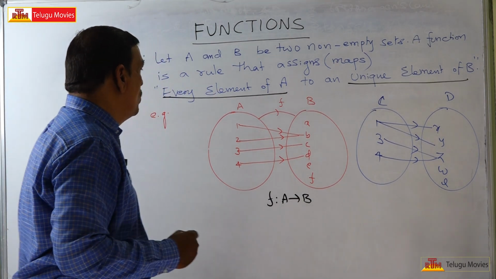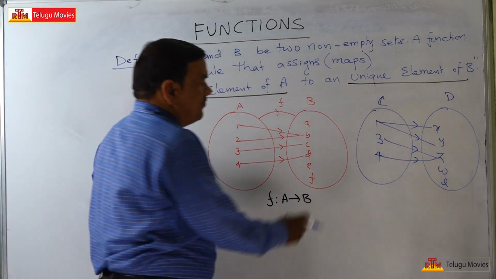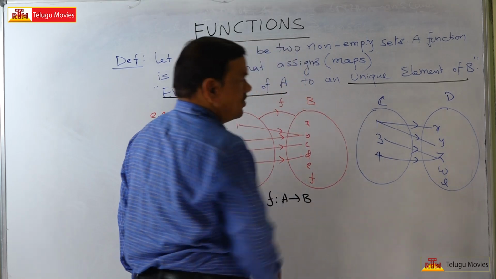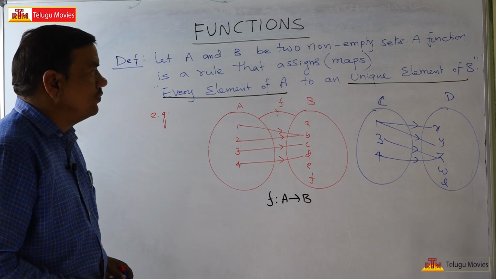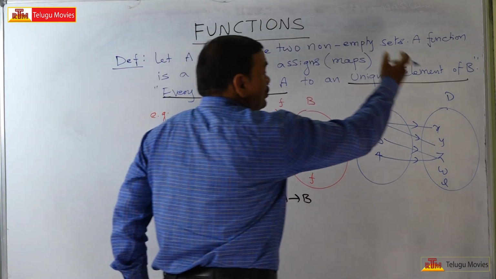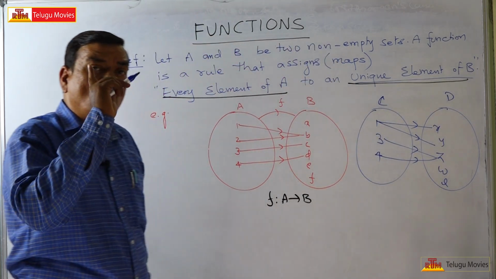Let us check. Let us see the first condition. Every element of C, all three elements 1, 3, 4, should be attached to a unique element of D, one and only one element.